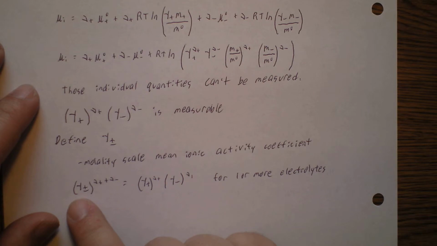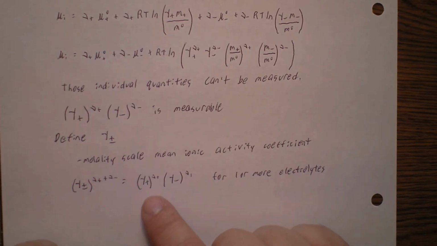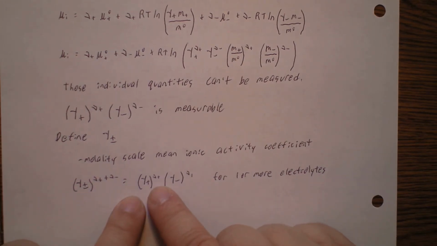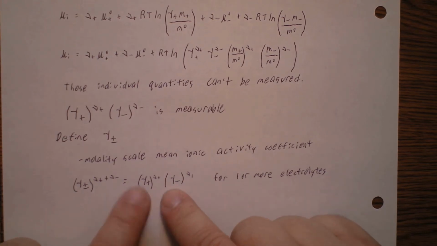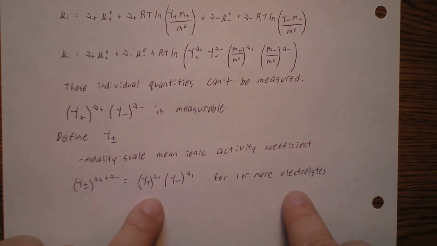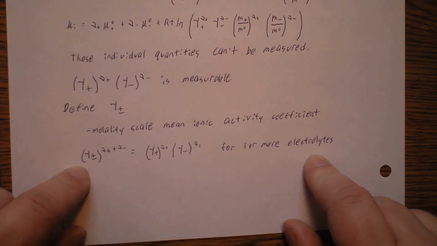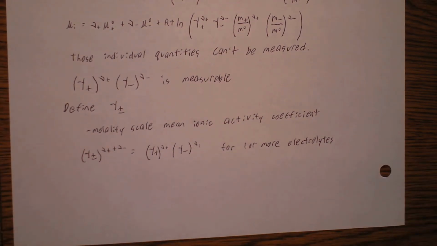So gamma plus or minus to the nu plus nu minus power is just going to be equal to gamma plus to the nu plus power, times gamma minus to the nu minus power. That's if you have one or more electrolytes. So this is just a way of simplifying all the different electrolytes in one solution.